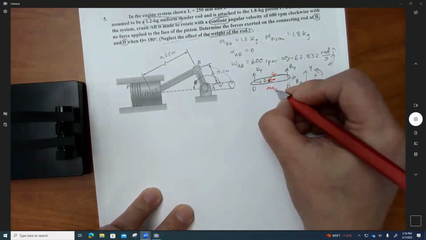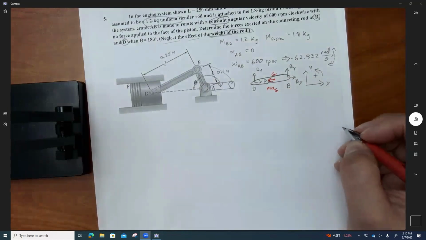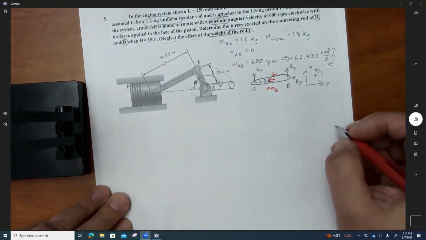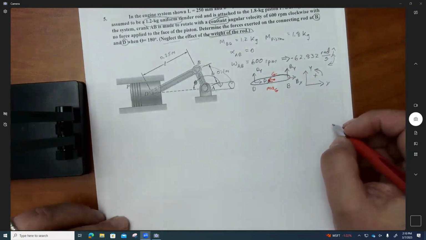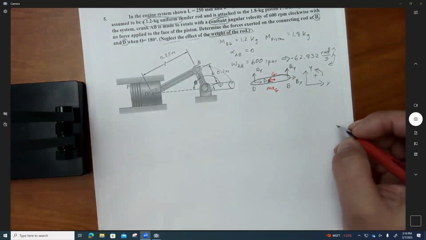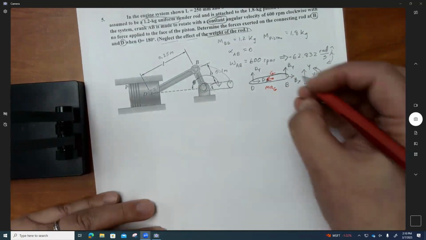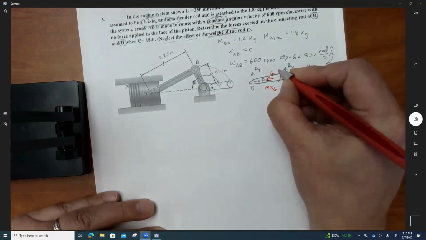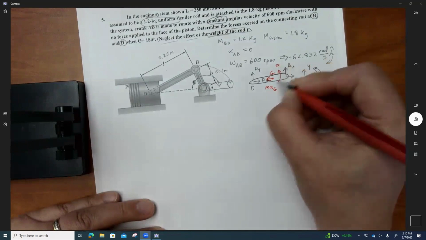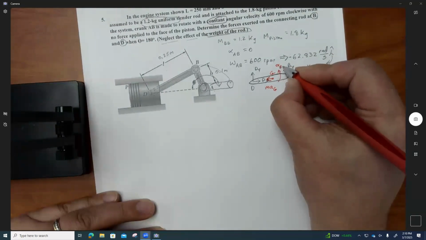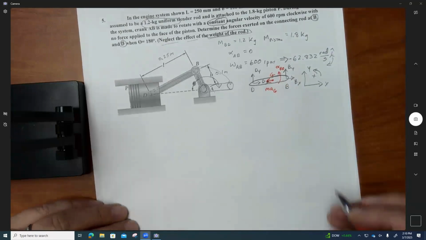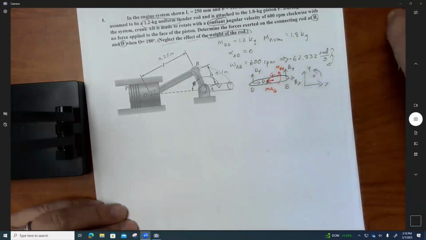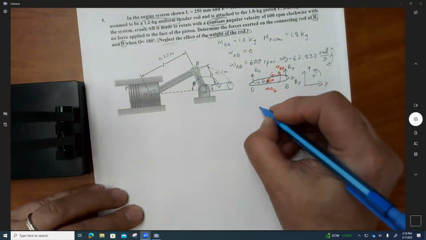I'm just assuming a direction here. I don't know where my acceleration really is until I run my calculations. And when it comes to an alpha, I'll go ahead and assume a positive alpha for BD. That should be everything that I'd have to worry about on that system.